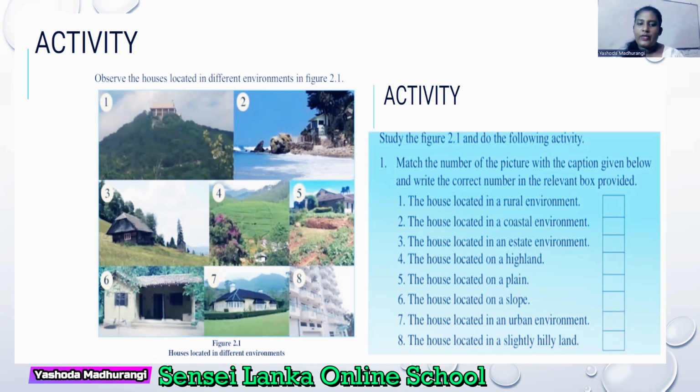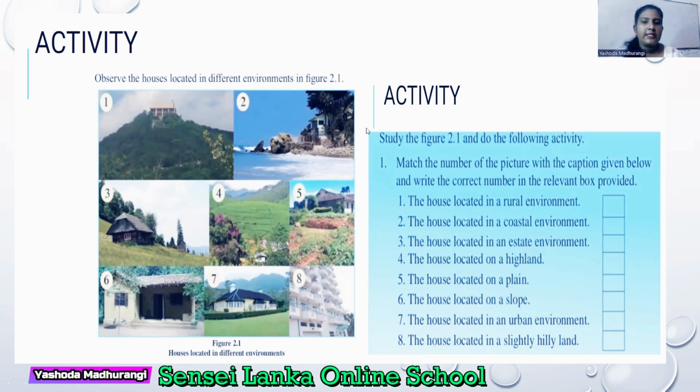Look at this figure 2.1. Houses located in different environments can be seen there. Can you see 8 pictures? Number 1, number 2, number 3, number 4, number 5, number 6, number 7, and number 8.